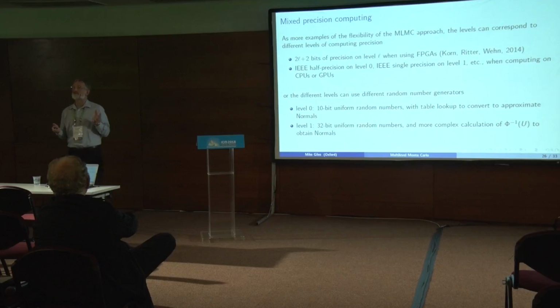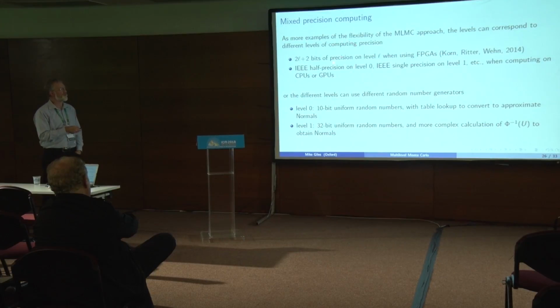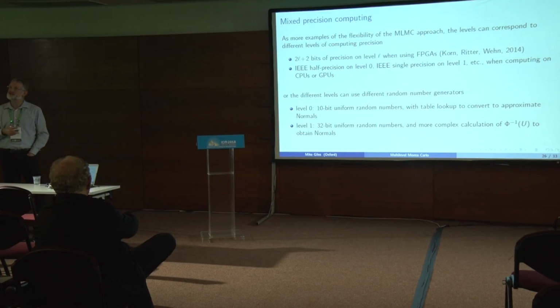Another example of the flexibility of this is applications where we can think of performing the calculation with different precision levels on computer hardware. So there was work at TU Kaiserslautern where they were using field programmable gate arrays where you can control how many bits are used to perform the calculations.